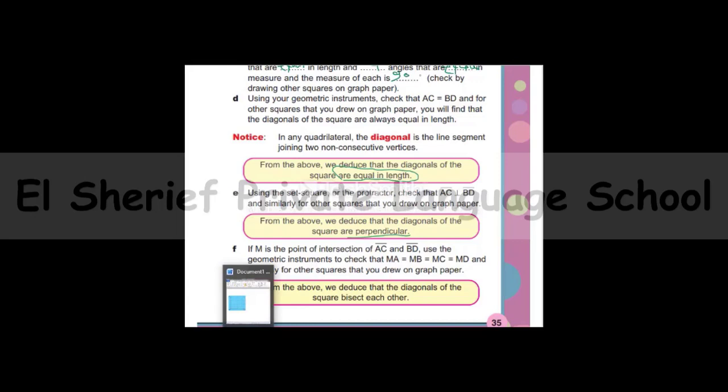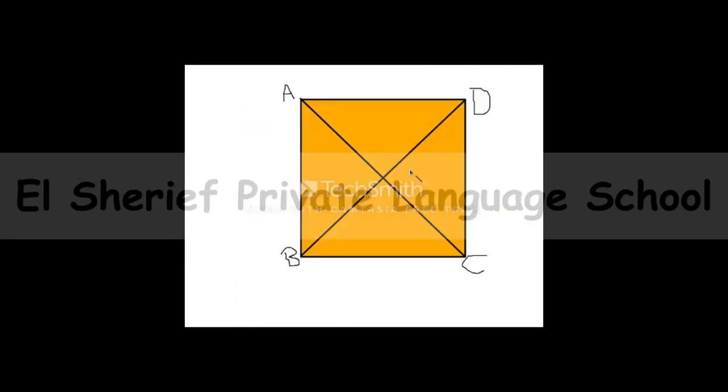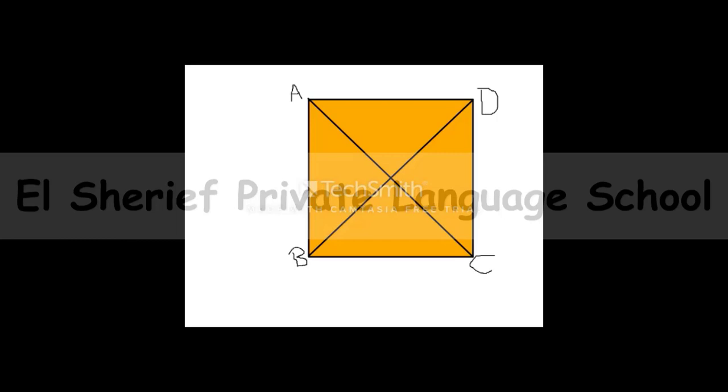Back to our square, we can say that AC and BD bisect each other. What is the meaning of bisect each other? If you call this intersection point M, so we can say that MD equal to MA and equal to MC and equal to BM or MB.